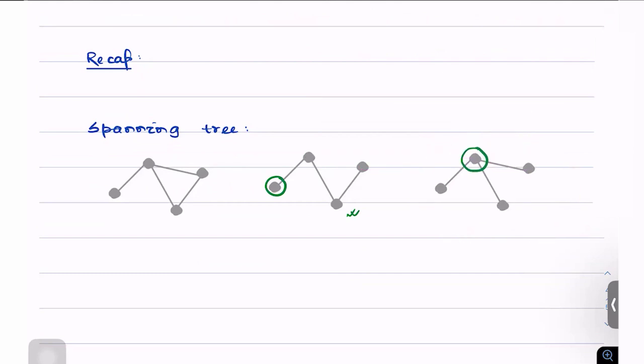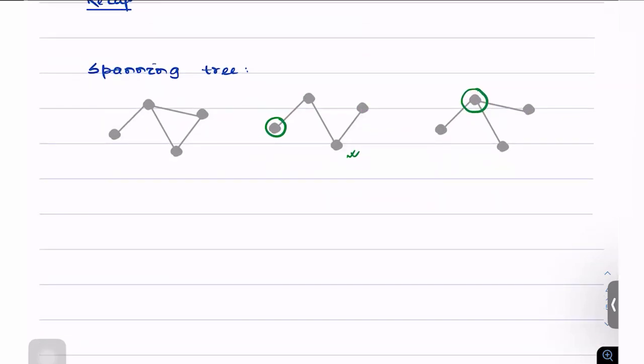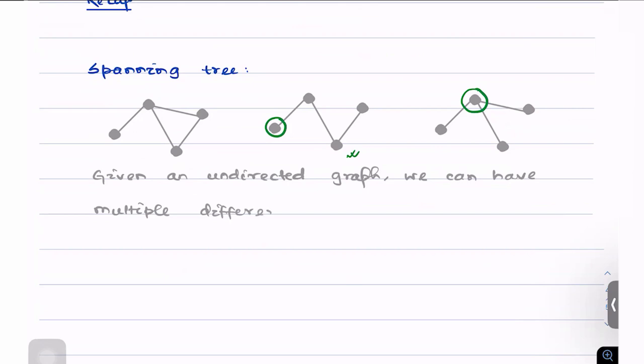Meaning, given an undirected graph, we can have multiple different spanning trees, which is a very important property.